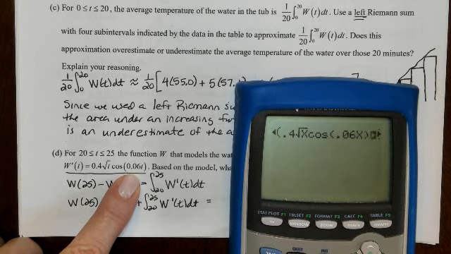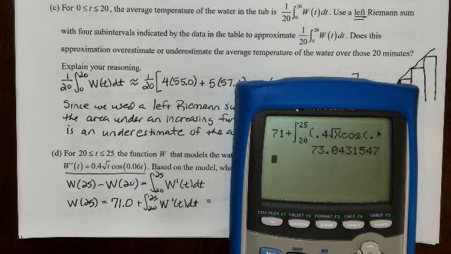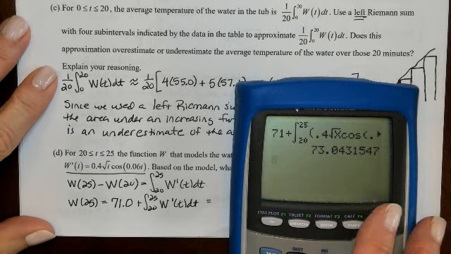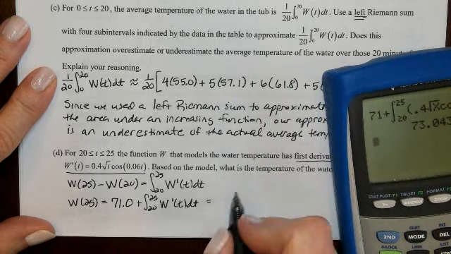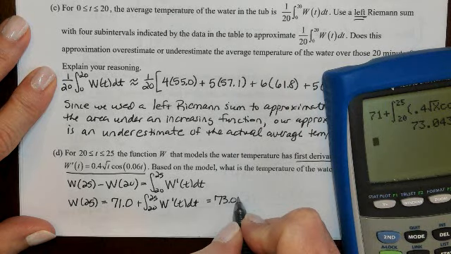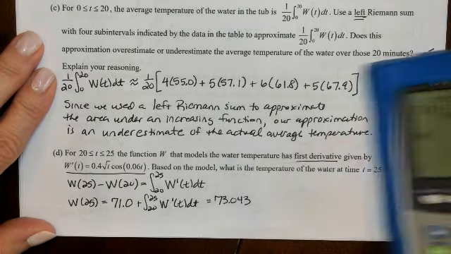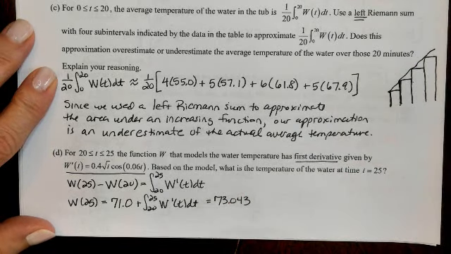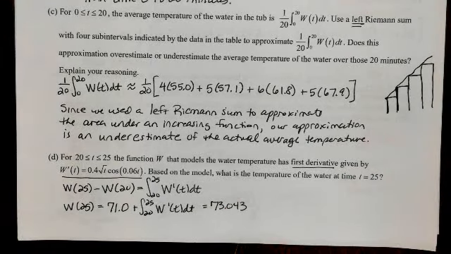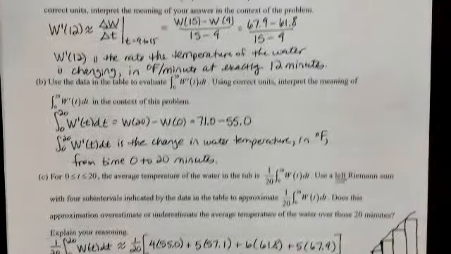I'm being super careful here. I'm hoping I typed that in right, and I got 73.043, and that's the only answer that they would take here. Did I need units? No, so I'm done.